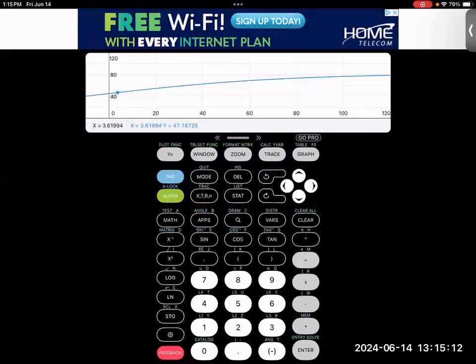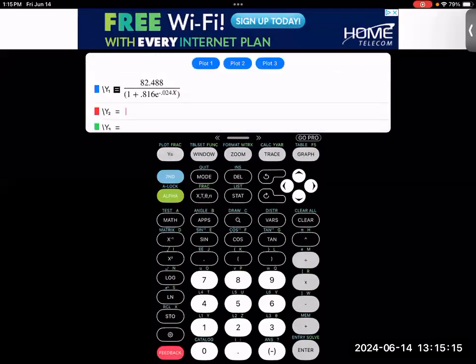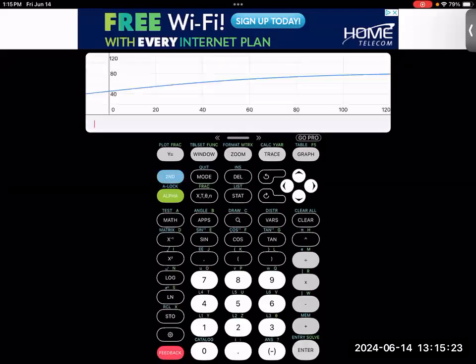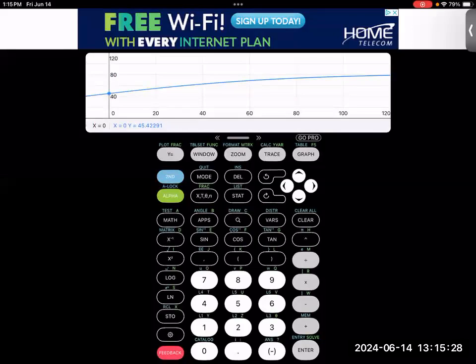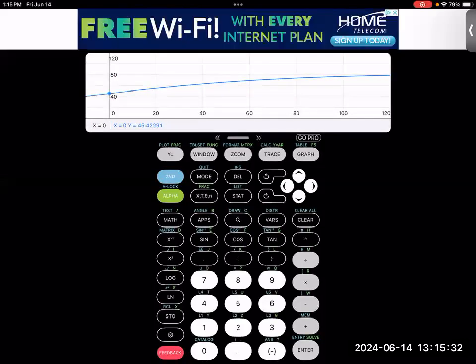So let's see if we can get an intersecting value. We'll do value. When x is equal to 0, it'll then pop up. So keep in mind, every time you know your x value and you're looking for your y value, we're just going to hit second trace and then plug in your value for 0.